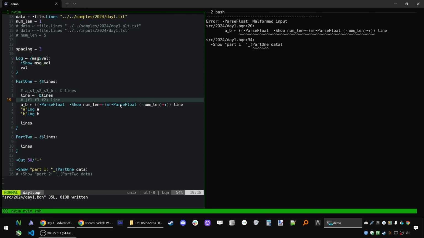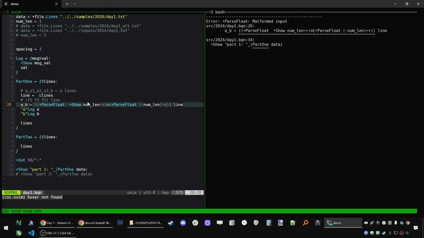But then parse float can't handle a bunch of spaces, because it's given the entire thing before numlength is called on it. And then finally, if that did pass, it would go into show, and show only takes 1 argument. It doesn't take 2. I can't show docs for it, I don't think, yeah, because it's a system function.